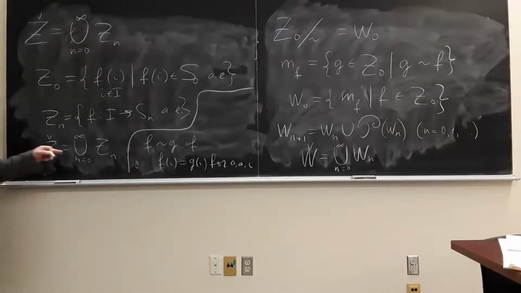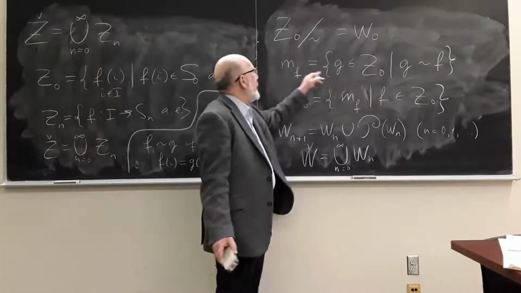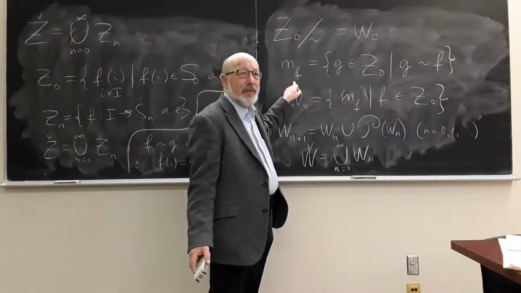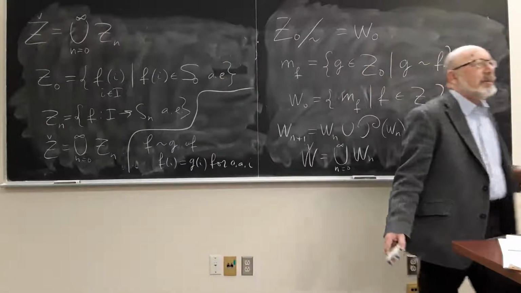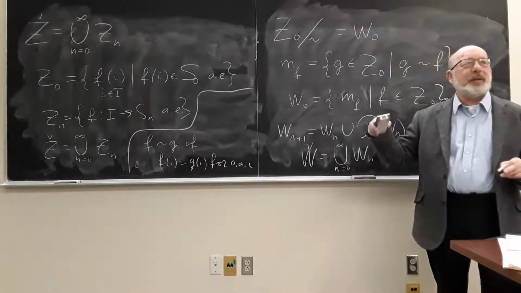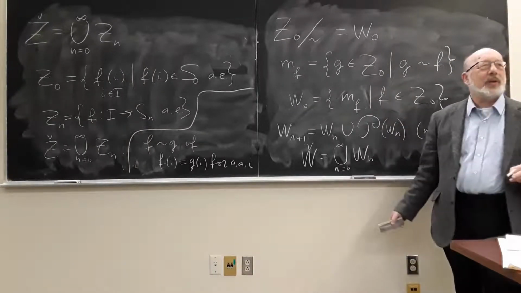For Z0, I defined the corresponding equivalence classes M_f. Similarly, I can define it for Z1, Z2, and so on, simply replacing 0 by 1 and so on.